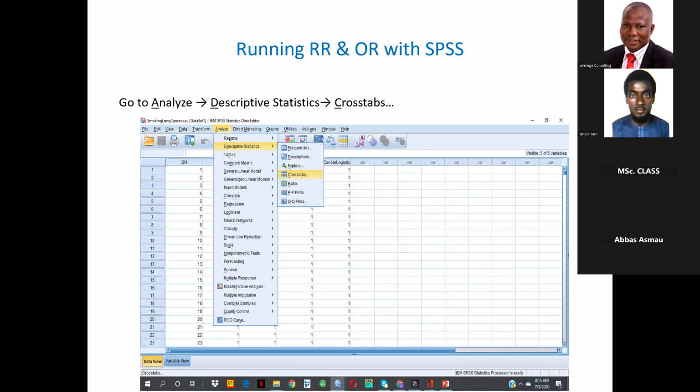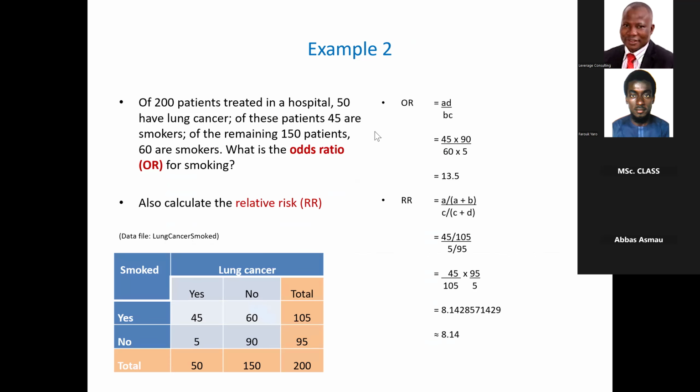Compare with this second scenario, where out of 200, 50 have the disease. In which of them is the burden of the disease higher? Yes, this second one, 50 over 200 is far higher.